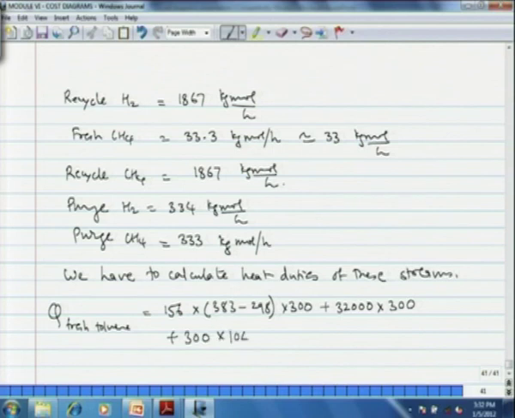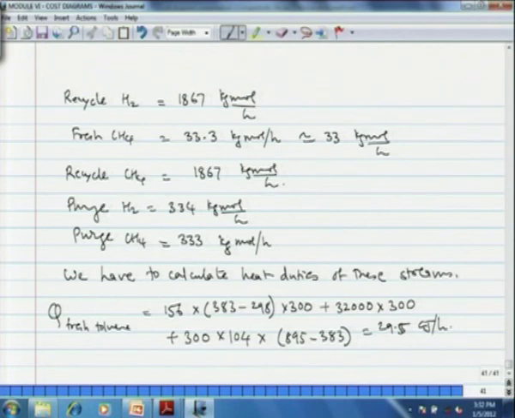The heat capacity of vapor is 104 and the superheating is from the boiling point 383 to 895 Kelvin. So this is the total heat that is required for heating fresh toluene. That comes out to be 29.55 gigajoule per hour.